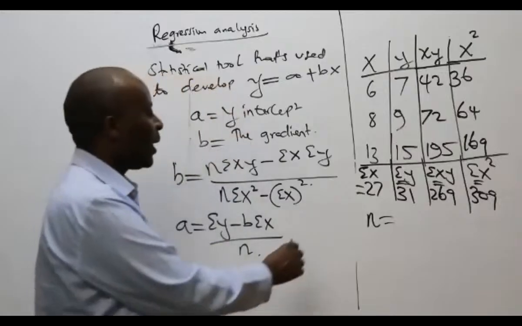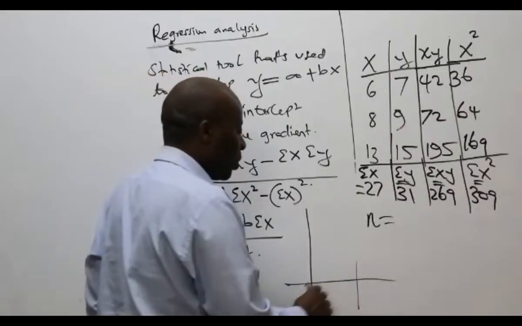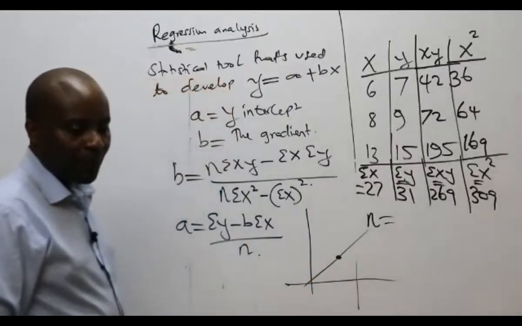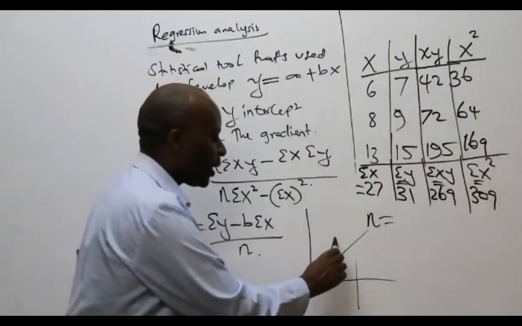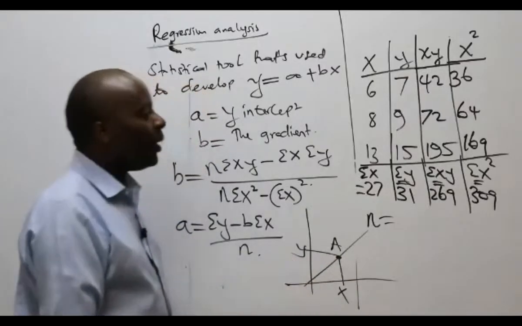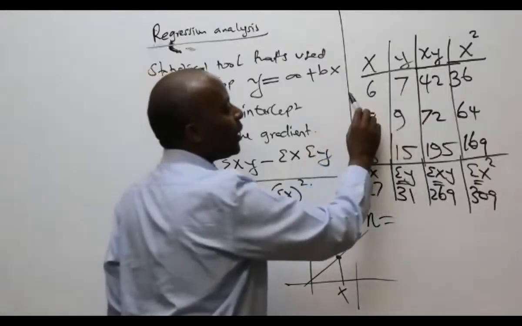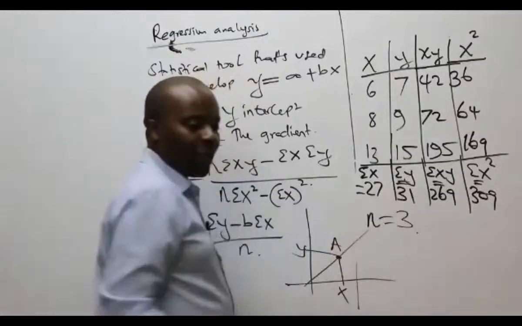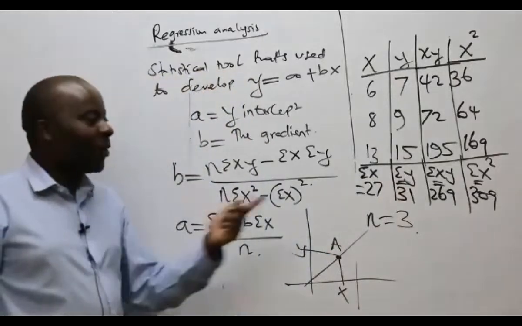Remember on a Cartesian plane, this is how our points look. If this is point A, it has an x coordinate and a y coordinate. So when you see this xy, this is point number 1, point number 2, point number 3. N is 3. Please don't count the totals.